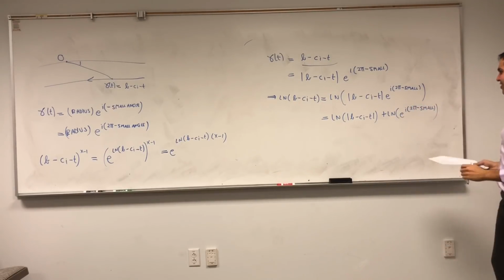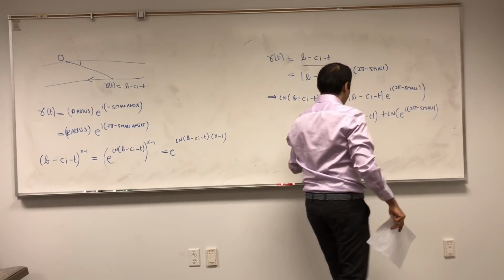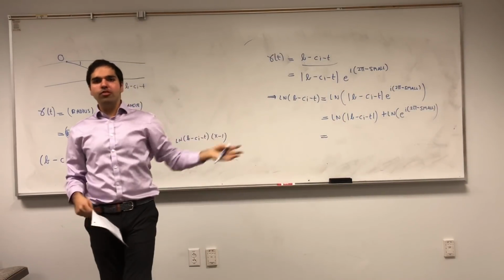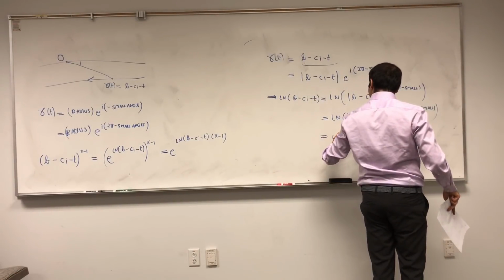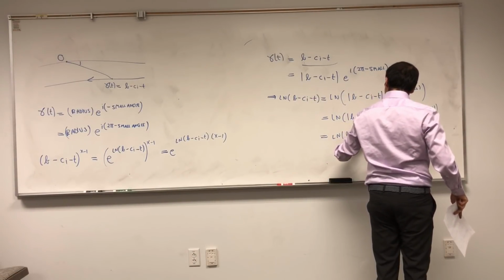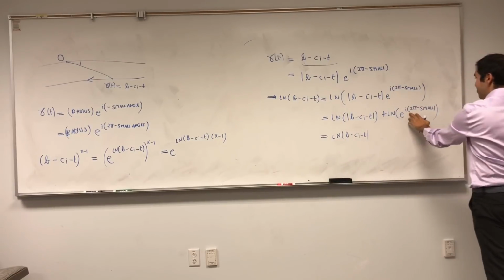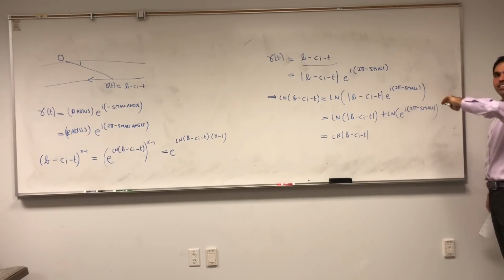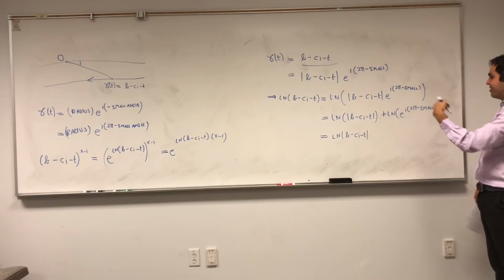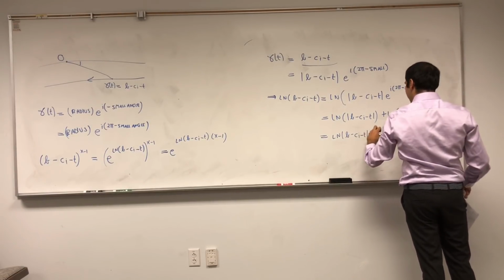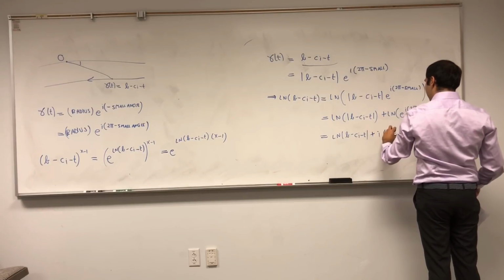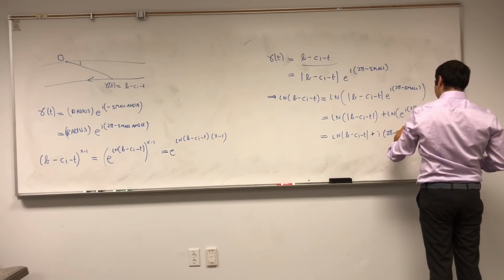Treat the argument if you want. And here is where we have to use the branch cut, because this thing is still fine, ln of the modulus. But this thing, because we chose the right range between 0 and 2π, we can really say that this is the same as i(2π − small angle).